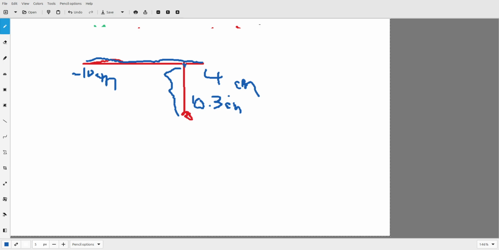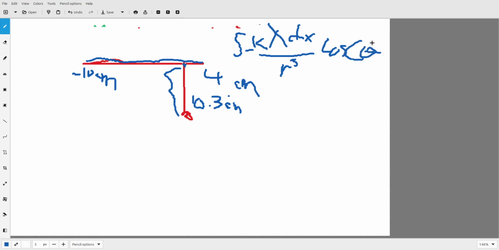Now, when we do this, it's going to be the integration of k lambda dx over r cubed, times cosine theta, r squared.